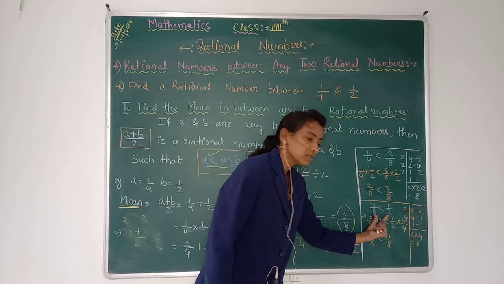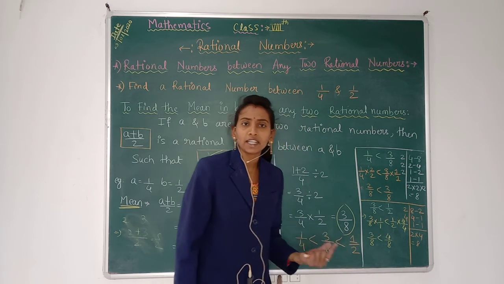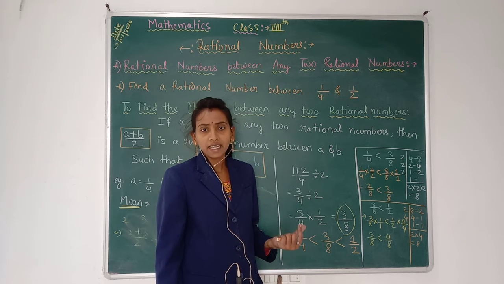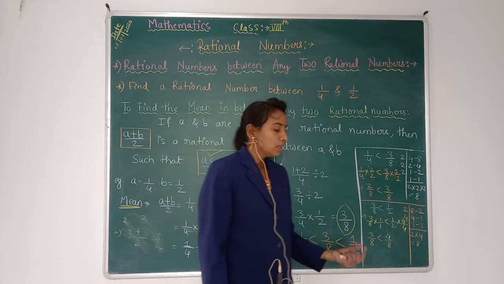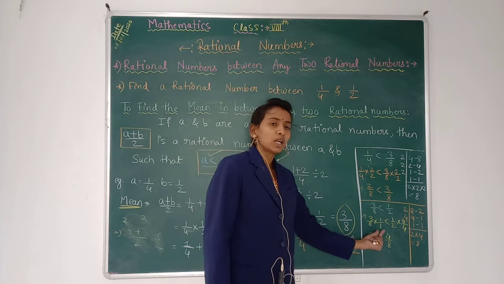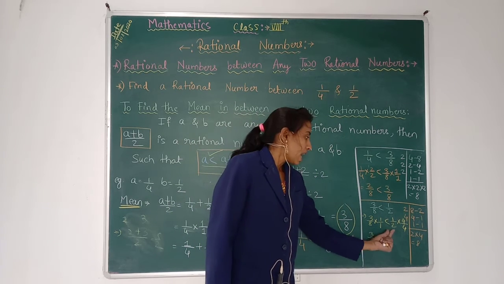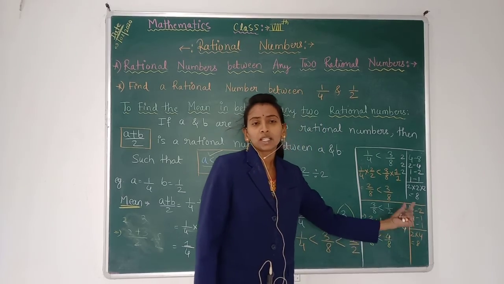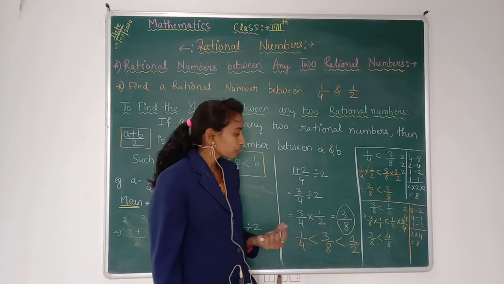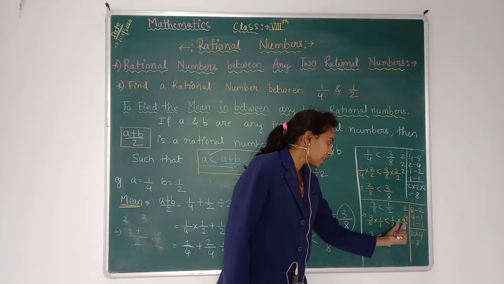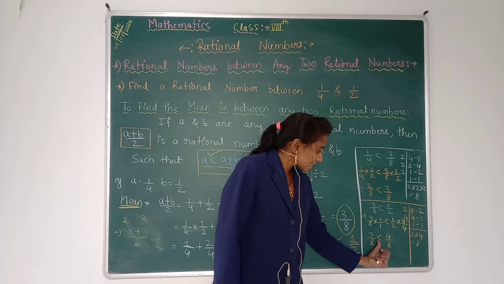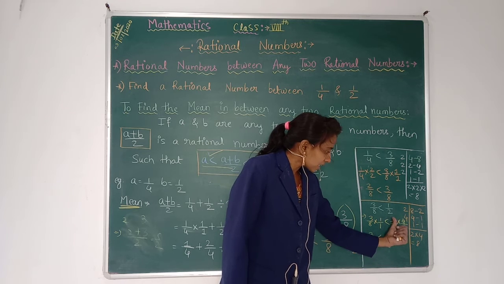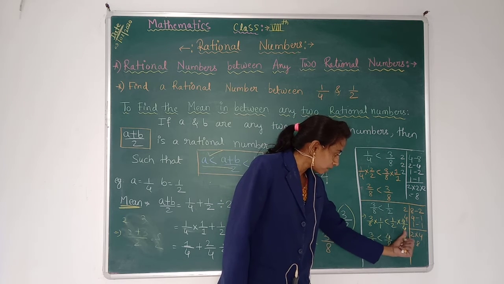See, 3 by 8. Here we again have different denominators, 8 and 2. So we have to find the LCM, and the LCM of 8 and 2 becomes again 8 only. So for 3 by 8 I am multiplying by 1 by 1 and for 1 by 2 I am multiplying 4 by 4. So 3 times 1 is 3 divided by 8, is less than, again you write as it is, 1 times 4 is 4 divided by 8.